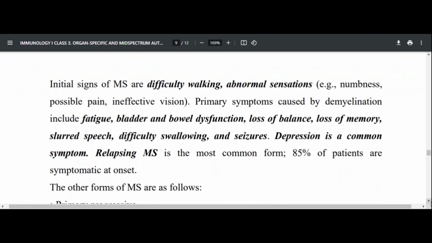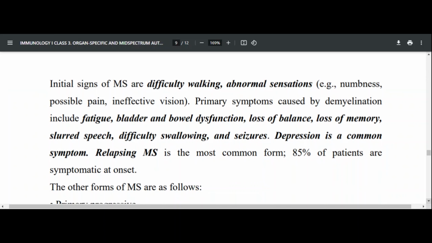Initial symptoms of multiple sclerosis are difficulty in walking, abnormal sensation, for example numbness or possible pain, or impaired vision. Primary symptoms caused by demyelination include fatigue, bladder and bowel dysfunction, loss of balance, loss of memory, slurred speech, and many others like difficulty swallowing and seizures.